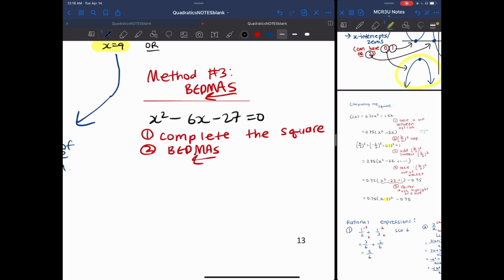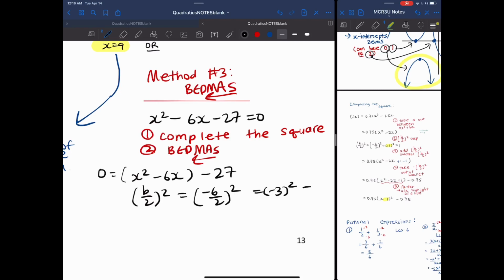So let's see. First step, put the first two in brackets. And I don't have any a value to the x squared, so that part is relatively simple because I didn't have to take anything out. Second step says I have to do the b over 2 step. And I get -6 over 2 squared, which is -3 squared, which is 9.